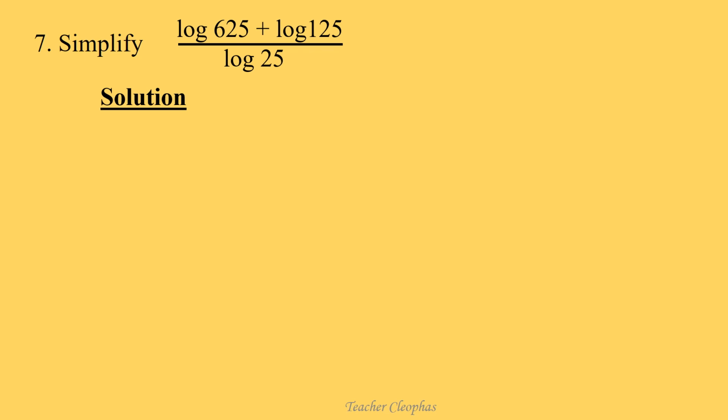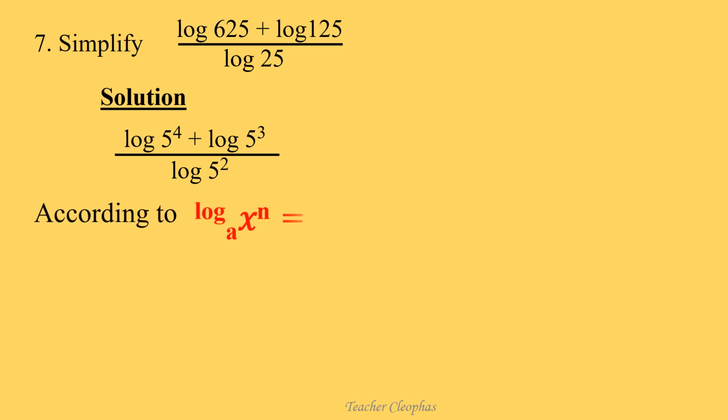So let us substitute with the factors, and we have logarithm of 5 power 4 plus logarithm of 5 power 3 all over logarithm of 5 squared.